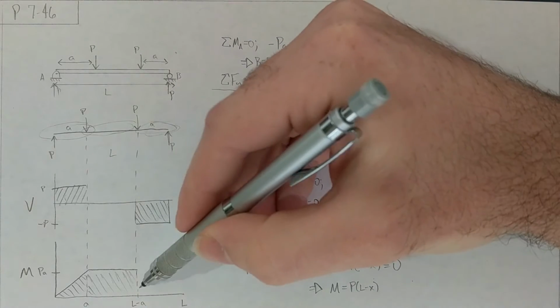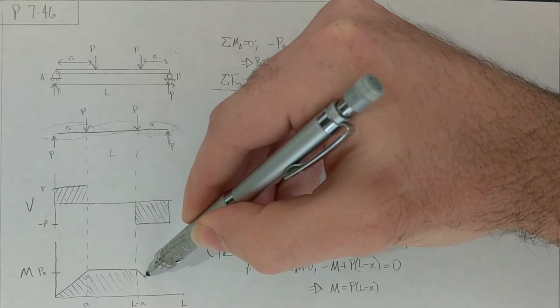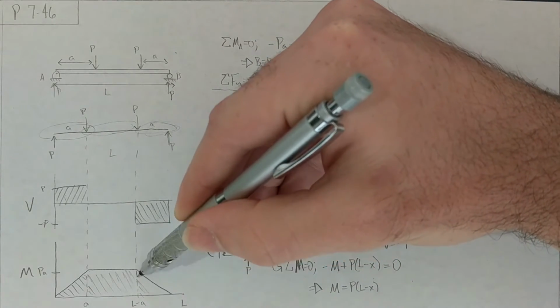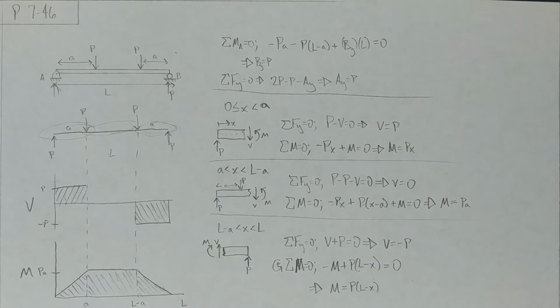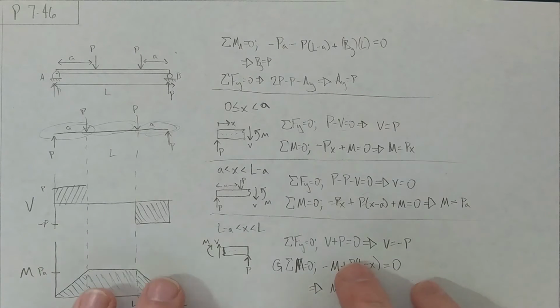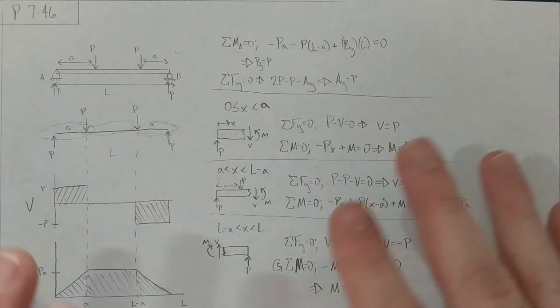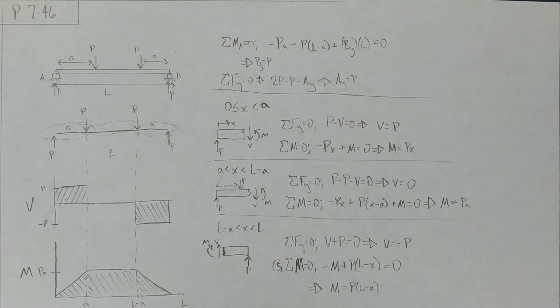You can verify this yourself, but it ends up looking just like that. And that's the problem. The second part has you plug in variables, but I think you can do that. This is a really good one to check your bearings on, be sure you get the process, and then move on to the distributed loads, as we will do.